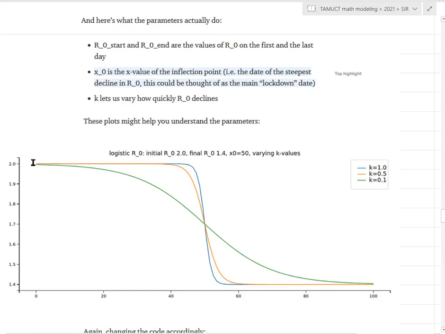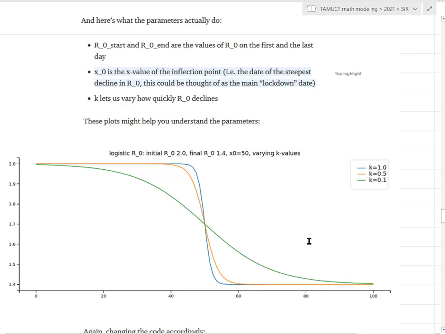So here you're starting out with no lockdown, and then here, for instance, this blue curve is a case where you'd have a sudden and drastic lockdown. This green curve would be a case where people reduce their contacts more gradually. Right? So you can change your parameters in your function to model different practical situations.